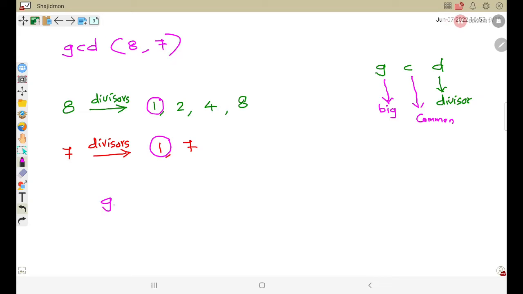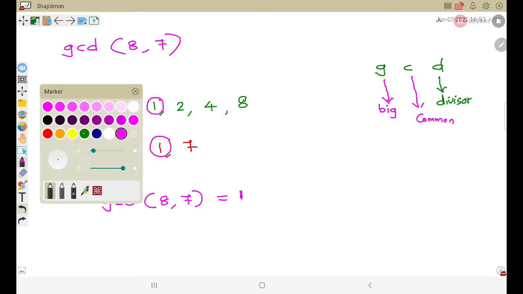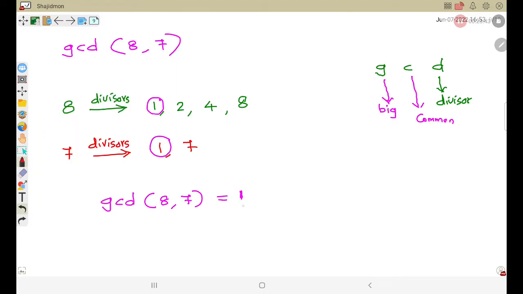So we can write the answer: GCD of the numbers 8 and 7. How much are we getting? 1. Correct? GCD of 8 and 7 is equal to 1. So if GCD is 1, what do we call it? We just discussed it.